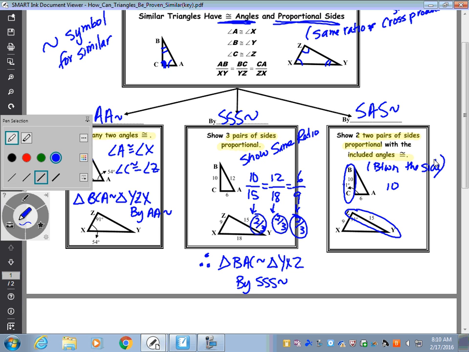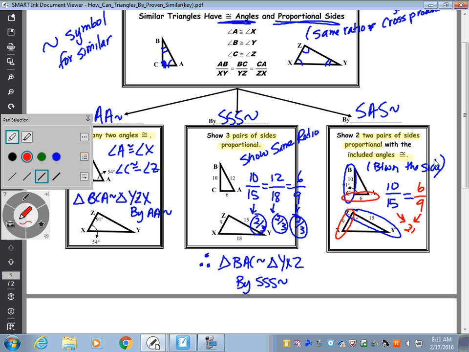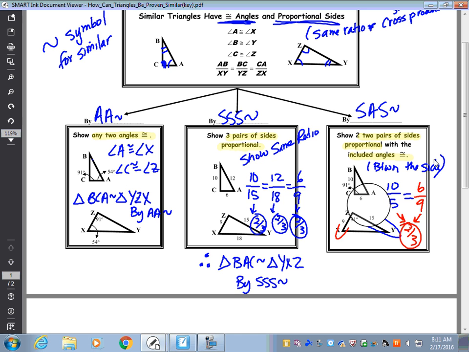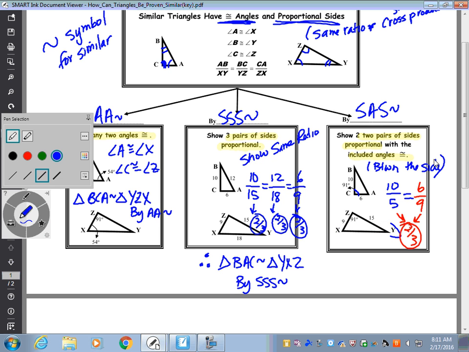We have 10 is to 15, and then we also have to check the other side, which is CA, our base, and 9. Well, we already did that earlier. We know that both of these reduce to 2/3, so they're proportional. But then I have to check the angle in between those two sides, which is C here and Y. And angle C is congruent to angle Z. C was the included angle.